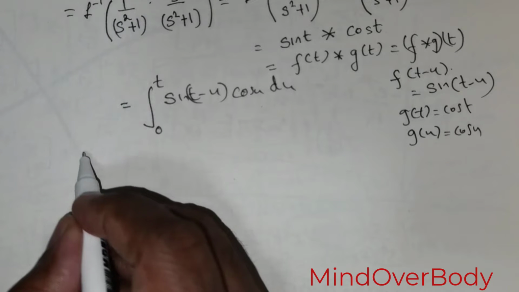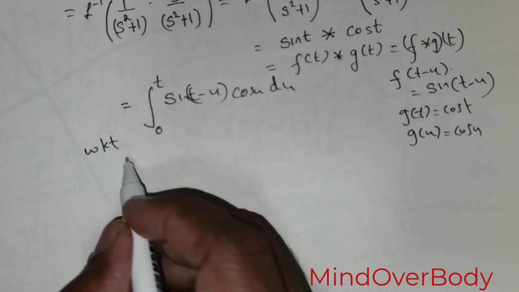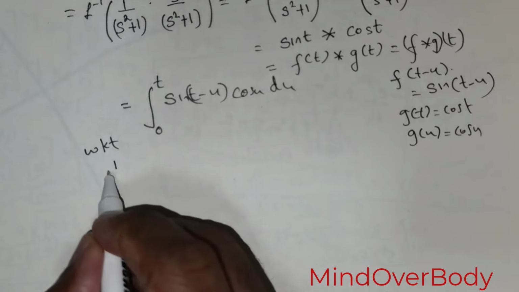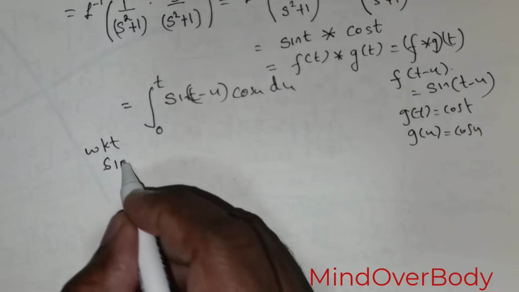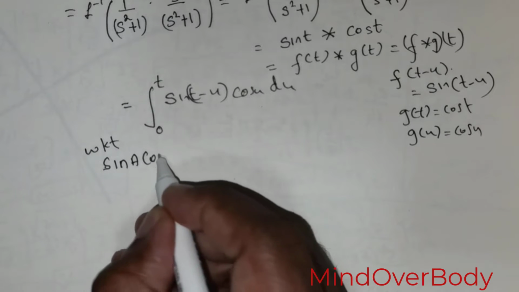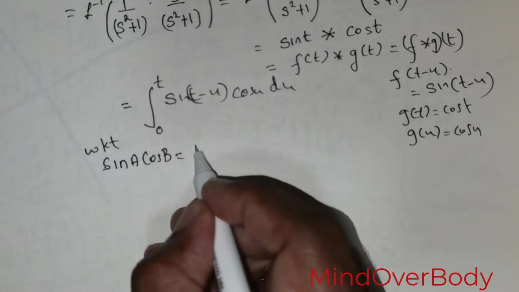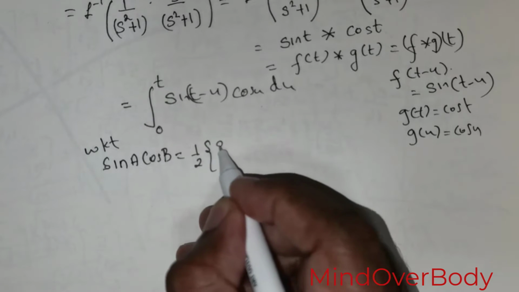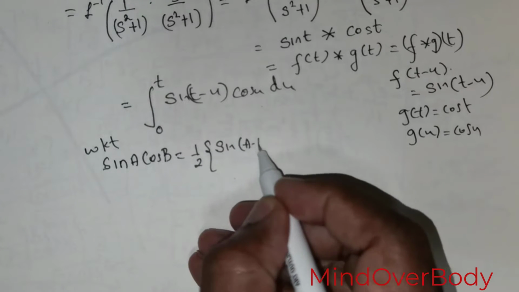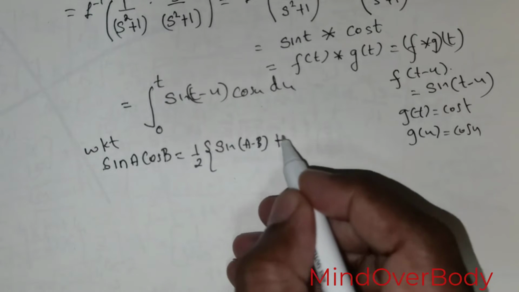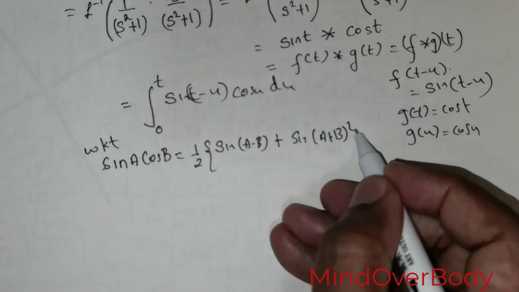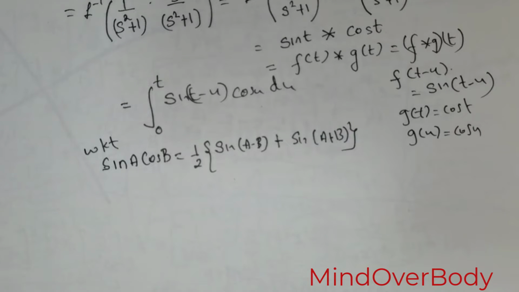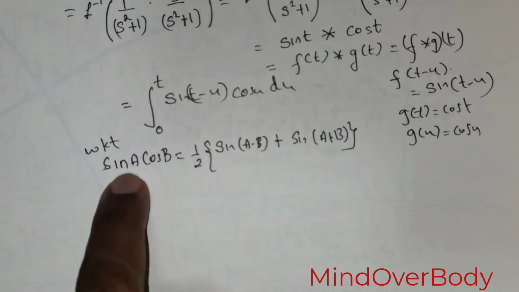Now we have obtained this. From here we can use the compound angle formula. We know that sine of a times cos of b is equal to half times sine of a minus b plus sine of a plus b. This is a very important formula. If you were to expand this, you will get back this.